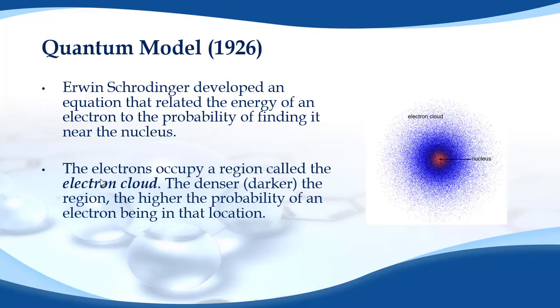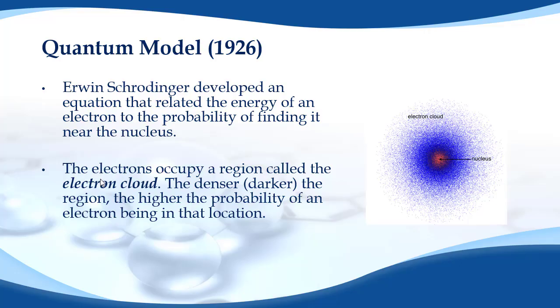Areas that have a very high probability make up what's called the electron cloud. The more dense or the darker the electron cloud is, the more likely it is to have an electron in that location. So this one right here is the diagram for hydrogen. The highest probability of finding an electron for hydrogen is close to the nucleus in a circle.